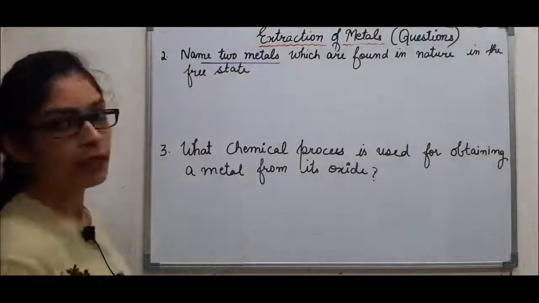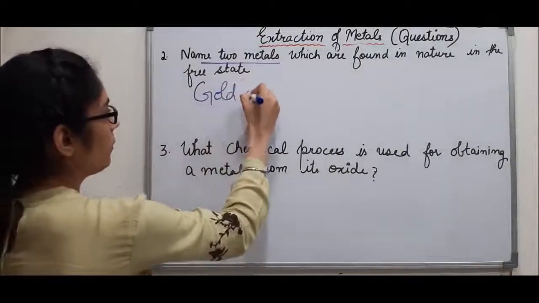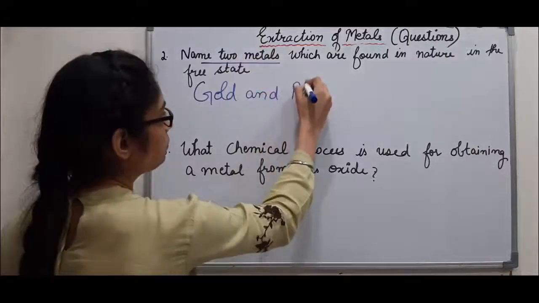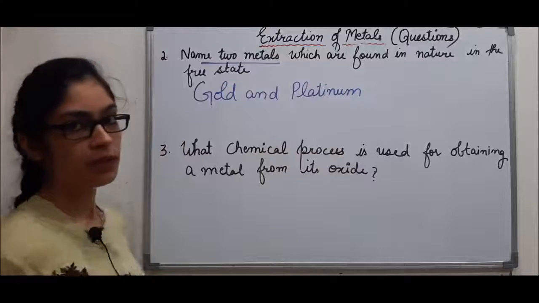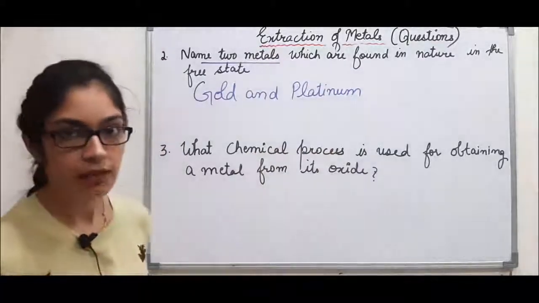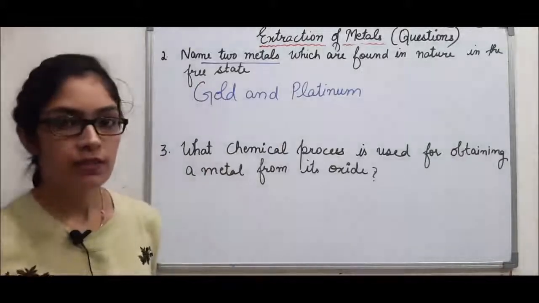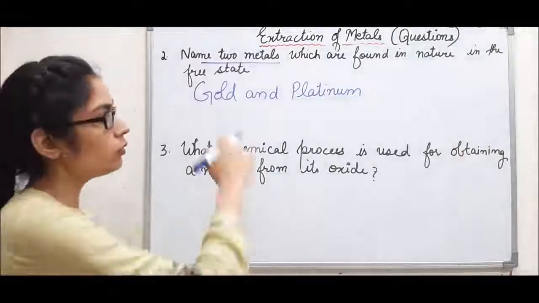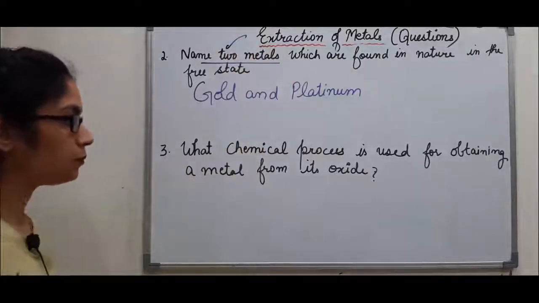Here it's mentioned to name any two, so any two you can mention. I will write gold and platinum. Sometimes they are available in the form of sulfides, and sometimes in their free state, like gold, silver, copper. Since it's any two, gold and platinum.